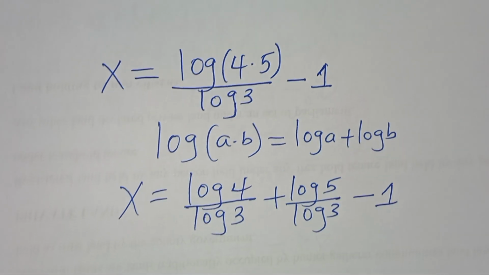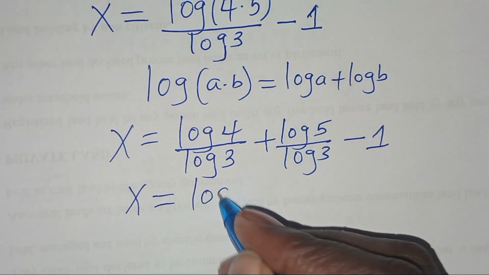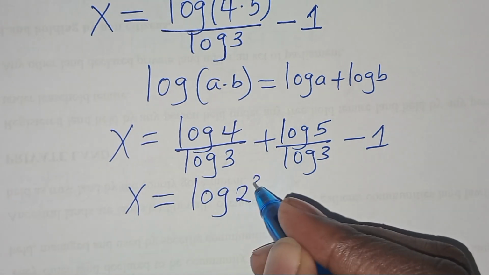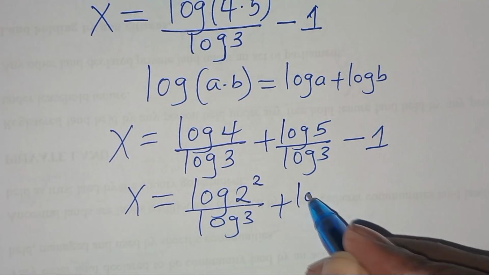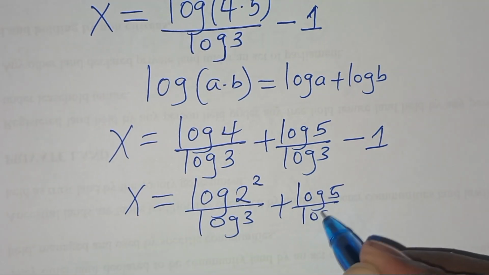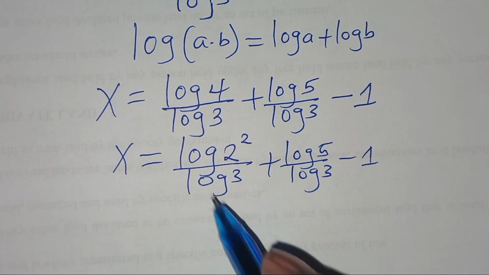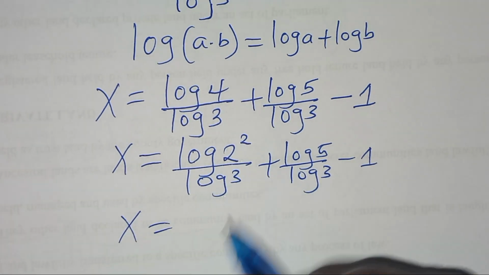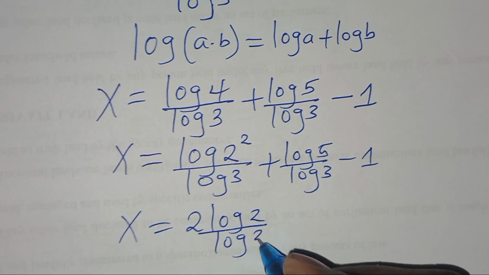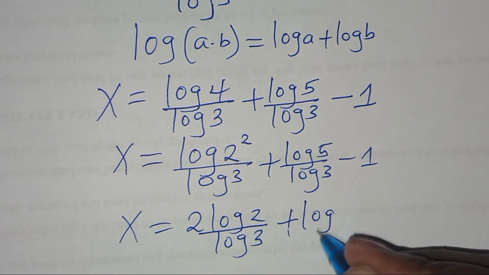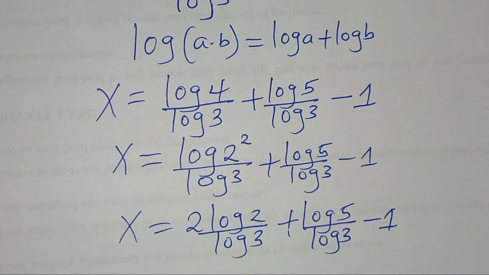subtract 1. Now, this is the same thing as x is equal to log 4 can be expressed as 2 to the power 2 divided by log 3, then plus log 5 divided by log 3 subtract 1. So, x is equal to log 2 to the power 2 can be expressed as 2 log 2 divided by log 3 plus log 5 divided by log 3 subtract 1.